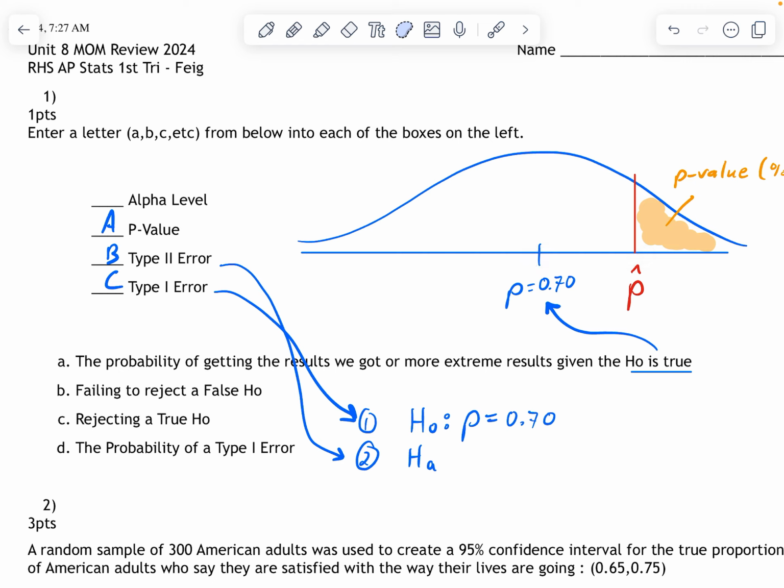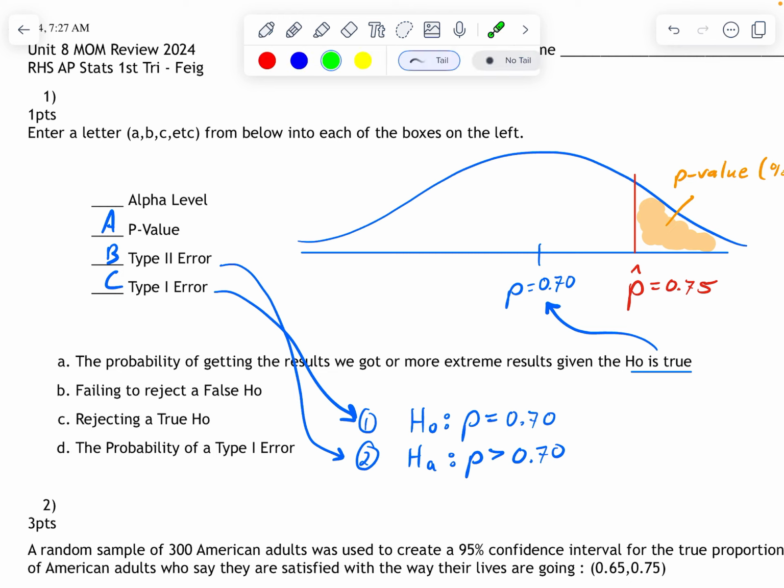And then you go out and you get a sample. Let's say, just make this up, we get 75, which is higher, right? So it's above the null. So then our alternative is, hey, I think the proportion is above 70%.